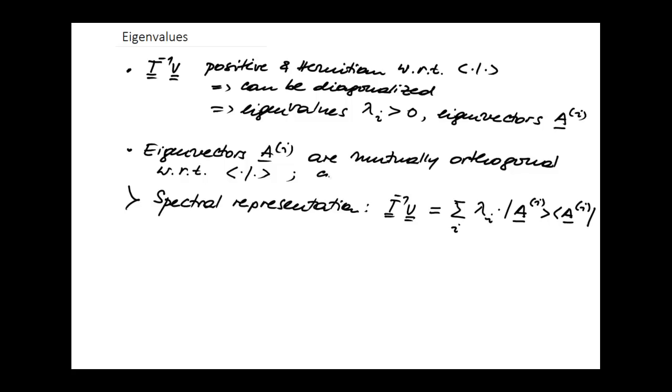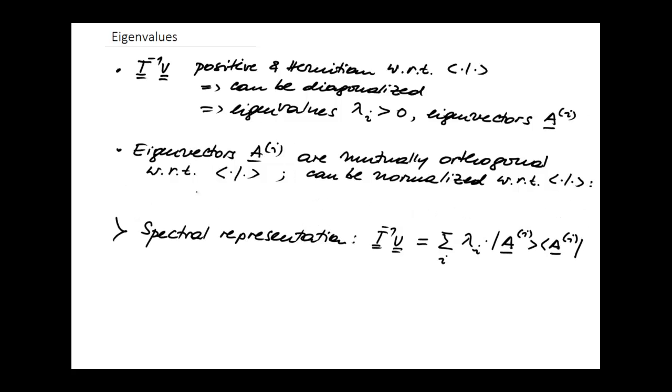So let me write this down here, that the A I can be normalized, and generally are normalized, with respect to, again, the new scalar product. If that is the case, then we have the rule that A I, new scalar product with A J, is the Kronecker delta I J.